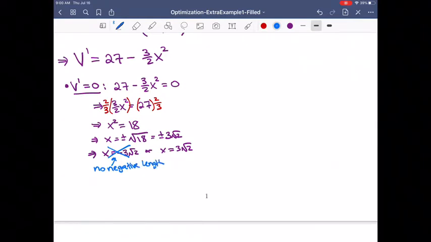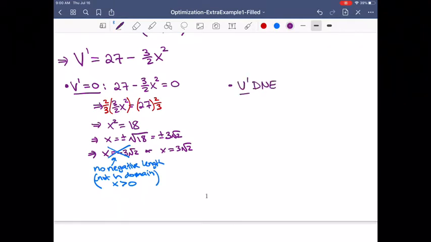We can't have a negative length, so this is not in the domain, which we can probably say is bigger than 0, because if I have it equal to 0, then I don't have a box at all, which doesn't make sense either. Now I also want to think about where my derivative does not exist, but it's a polynomial, so that never happens.